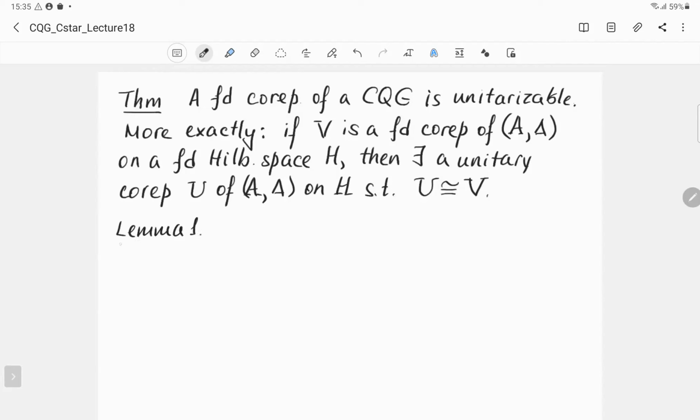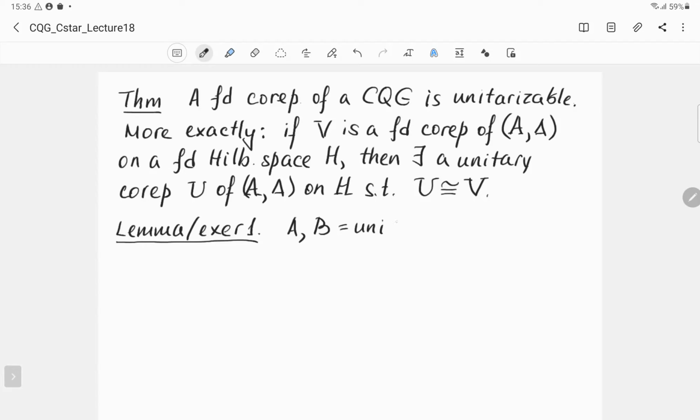Lemma exercise 1. Suppose that we have two unital algebras A and B. So this is a purely algebraic lemma.